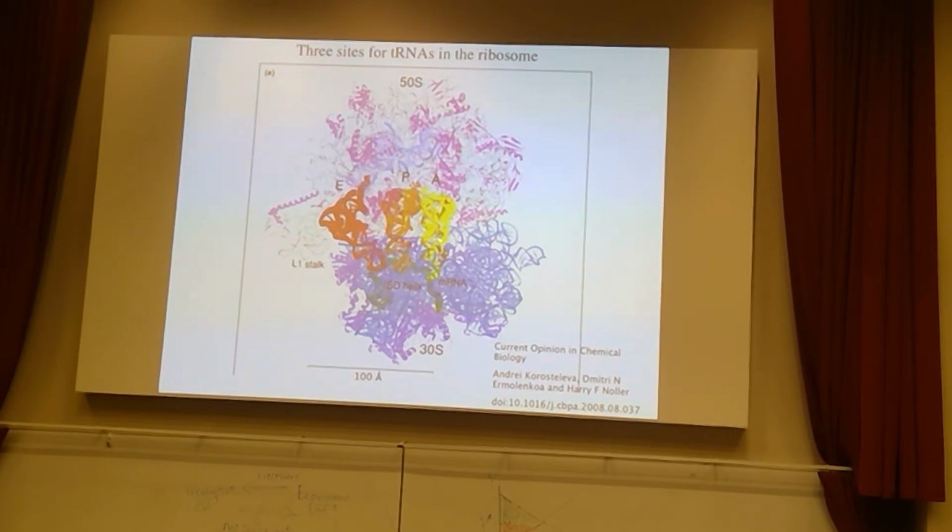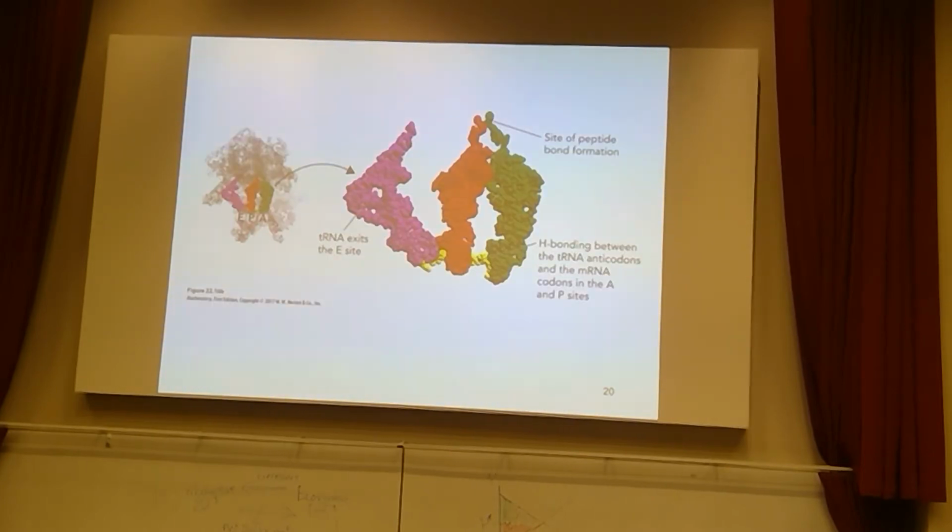So an incoming tRNA with an individual amino acid parks at the A site, encounters the growing chain on the P site tRNA. That amino acid is added onto that chain, at which point this complex shifts down and the empty tRNA ends up in the E site, which can later be removed. We'll take a look at that.